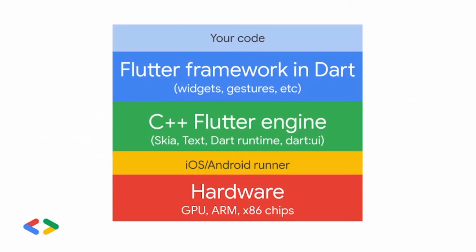So we'll be discussing the Flutter architecture. Let's take a brief look at how the tech stack actually works. Flutter moves the widgets, rendering, animation, and gestures into the app, so the developer has total control over them.